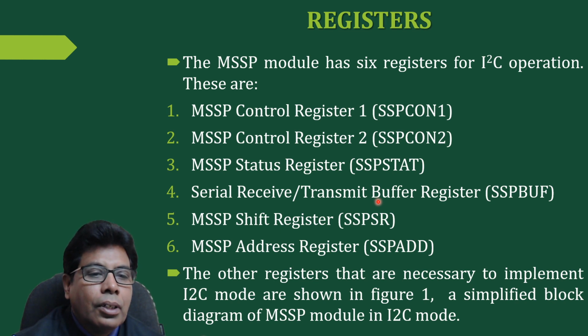So this is shown in a simplified block diagram, and we'll discuss these three registers, that is the SSPBUF, then SSPSR and SSPADD after the discussion of the block diagram.